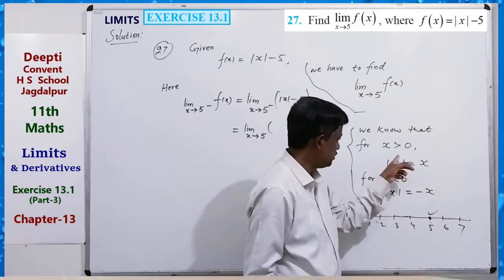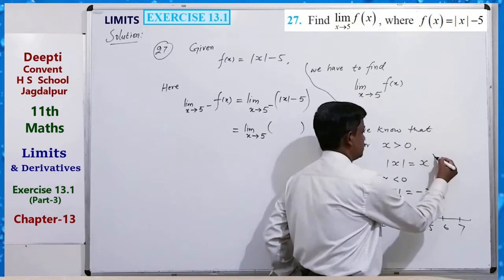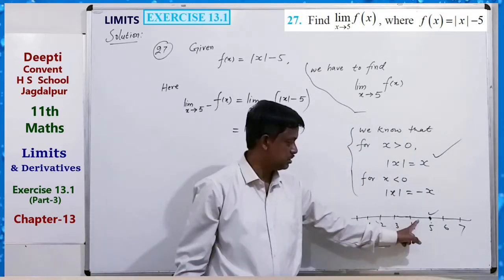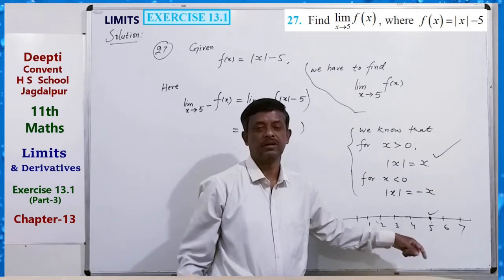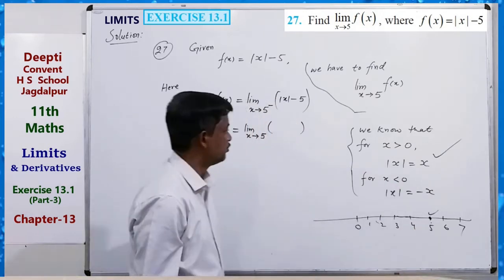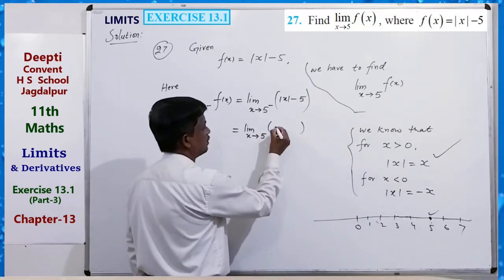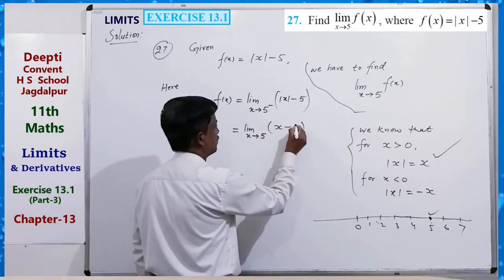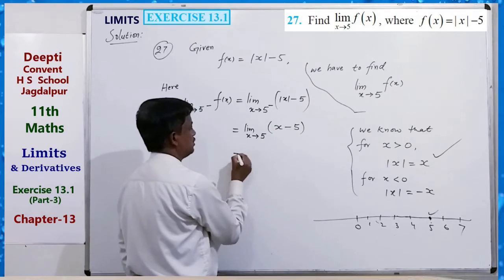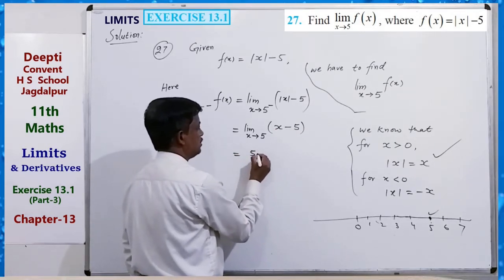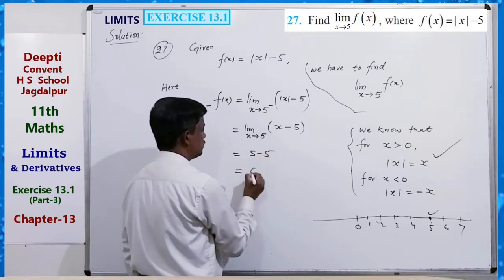So we will use this only. Because this value, which is the left hand side of 5, is also positive, we will use this value. So here x minus 5, so this equals 5 minus 5 equals 0.